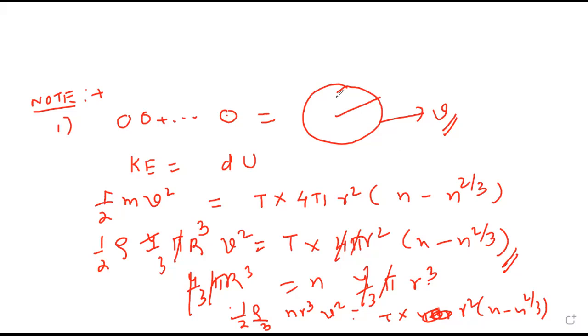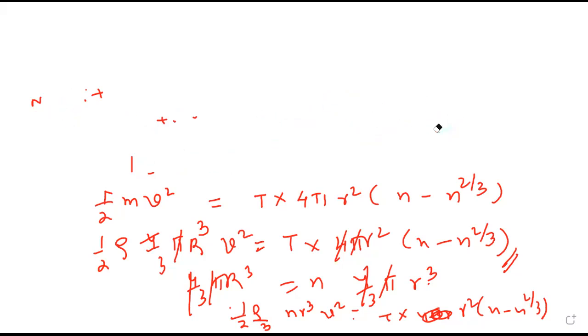Yes, done. One more line. Therefore, v square will become 6T upon rho n r cube, into r square, n minus n raised to 2 by 3.